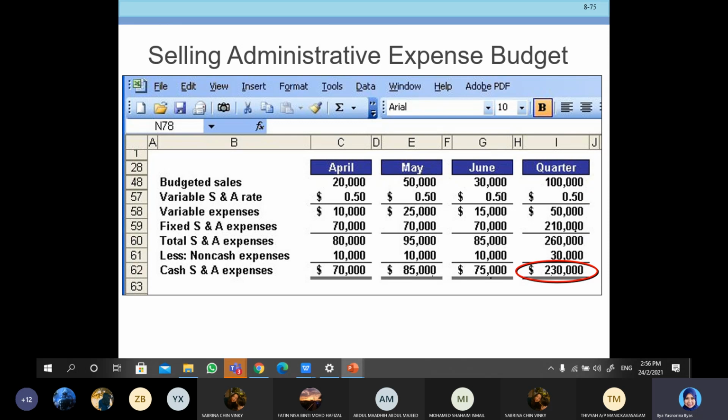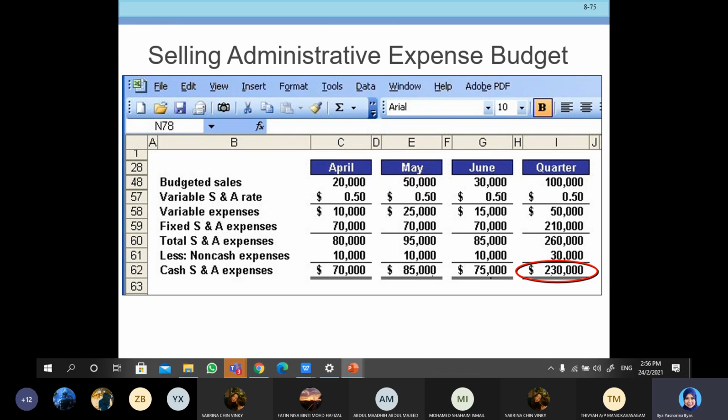So all of this, the sales budget, production units, direct material, direct labor, overhead, and selling administrative, will be posted into your cash budget. Everything, okay? From the cash budget, we identify how much cash we have.